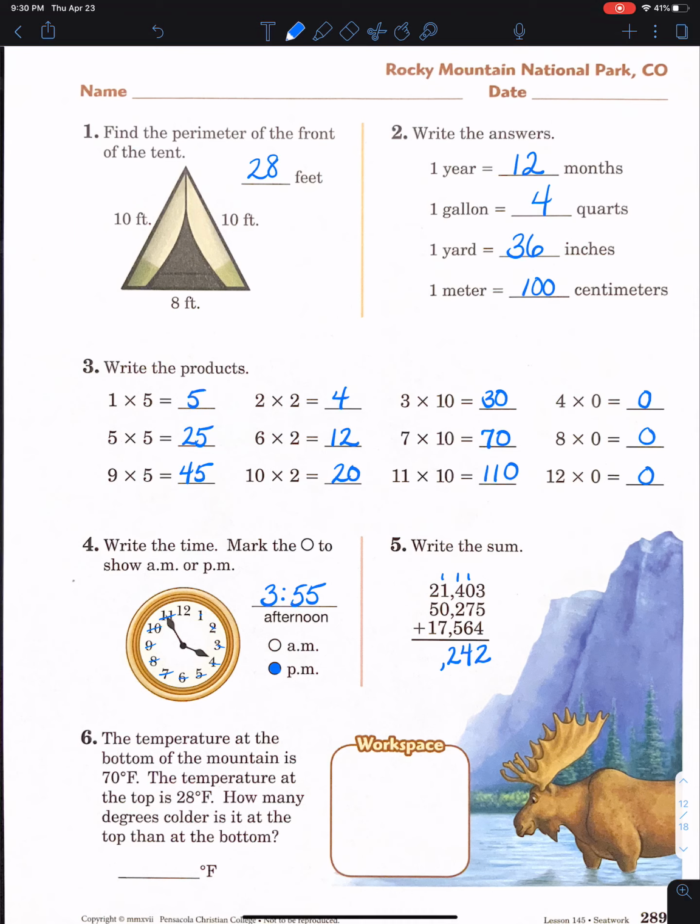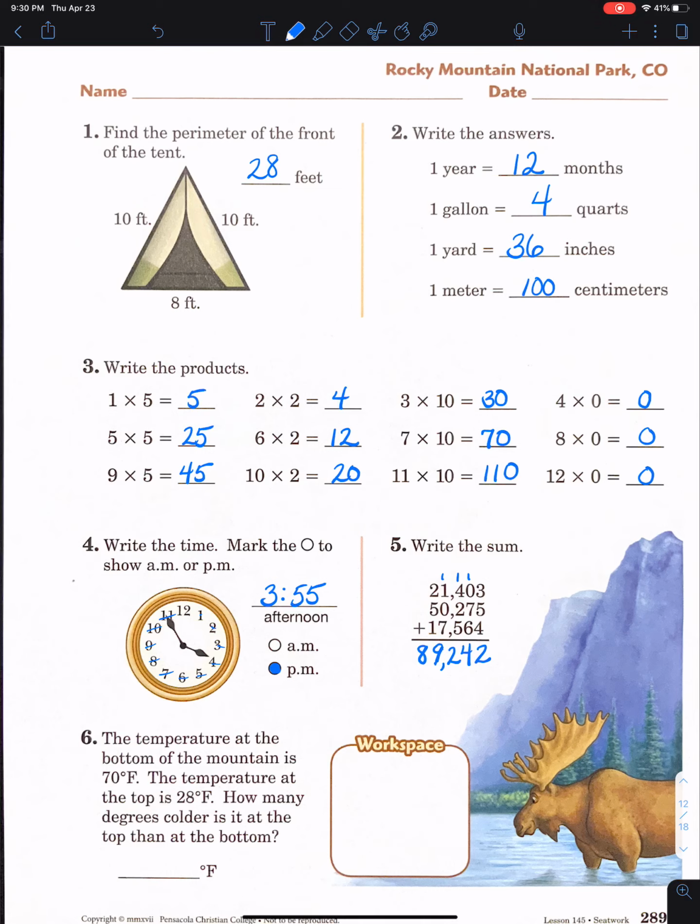Carry the 1. 1 plus 1 is 2. 2 plus 7 is 9. And then we have 2 plus 5 is 7, and 7 plus 1 is 8. The answer is 89,242.